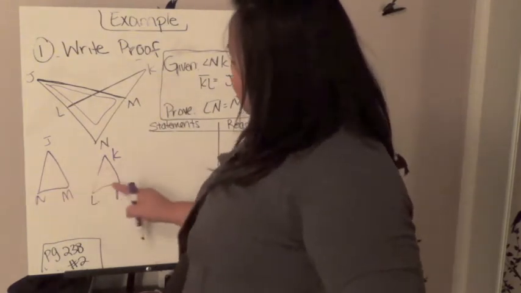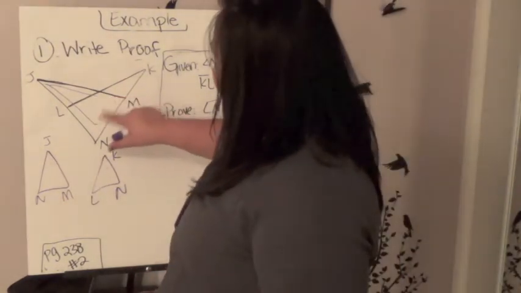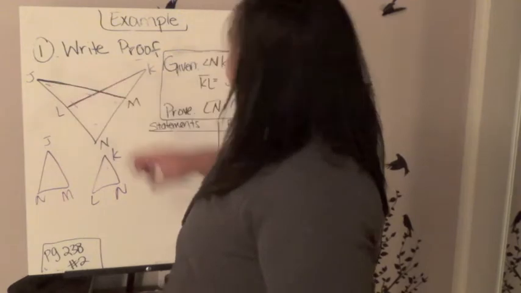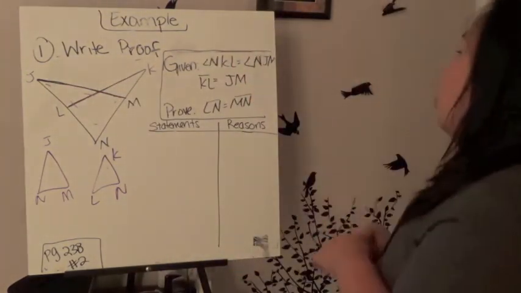So we're trying to prove that these are congruent. The way they put it allows us to find if angles or whatnot are congruent.